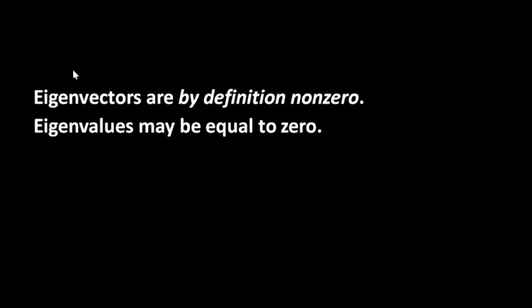Now, if you still recall, the eigenvector V will never be 0. However, the eigenvalue lambda may be equal to 0, and we will see this in the next examples.